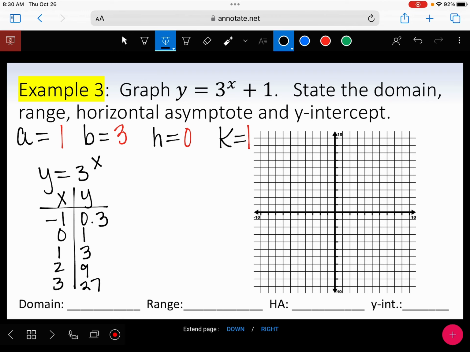All right, and this time we're adding 0 to H, so that means that my domain, those numbers aren't going to change. And for my y value, I'm multiplying it by A and adding K. So I'm multiplying it by 1 and adding 1. So essentially, you're just adding 1.